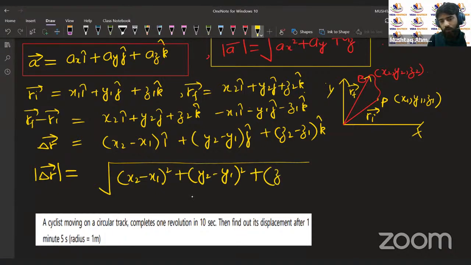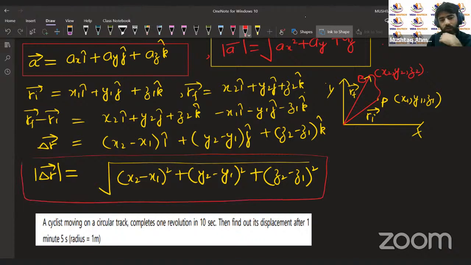So this is how we will calculate the magnitude of the displacement vector if the two position vectors of the particle are given in the component form.